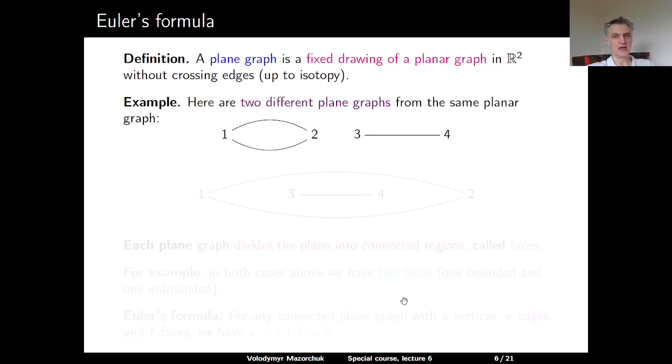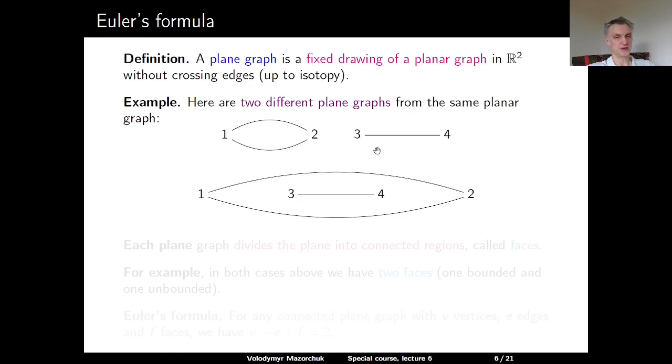So for example, here are two different plane graphs from the same planar graph. So we have a graph with four vertices, 1, 2, 3 and 4, and three edges, two edges between 1 and 2, and one edge between 3 and 4. This is one way to draw it in a plane. And here's another way. We can place the subgraph of 3 and 4 between the edges of the graph 1 and 2.